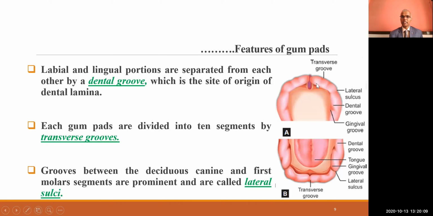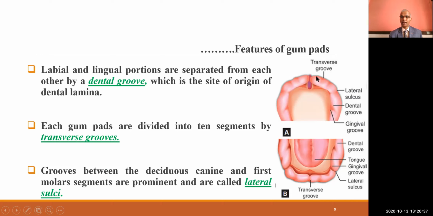The dental groove is the site of origin of the dental lamina. So the labial portion contains tooth buds of the deciduous dentition and the lingual portion contains the tooth buds of the permanent dentition. In the diagram, we can see the dental groove. Each gum pad is divided into segments by transverse grooves.